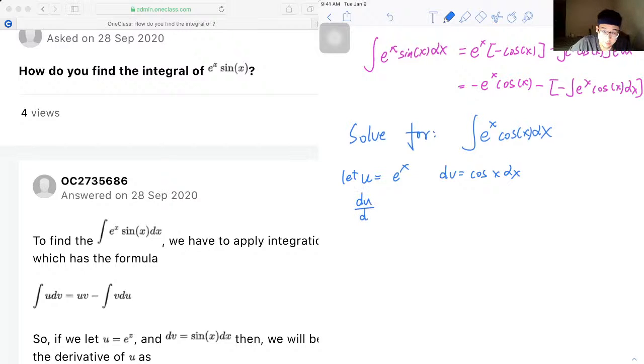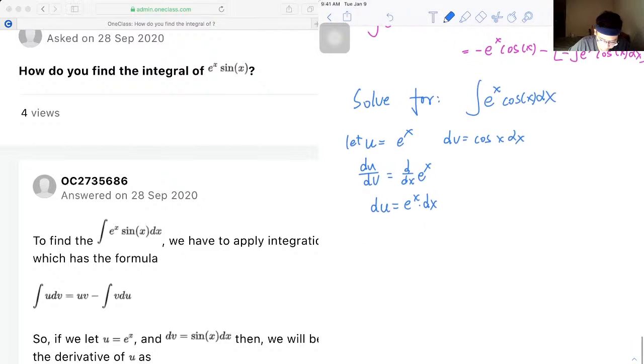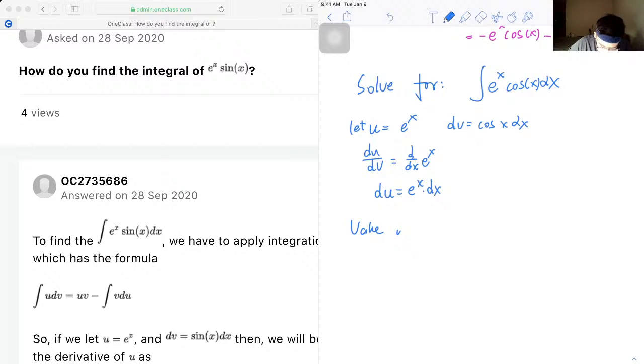Then du/dx will be equal to d/dx of e^x, and du will be equal to e^x dx. And the value of v, we will have v equal to integral dv, which is the same thing as integral cosine x dx, which is equal to sine x plus c.